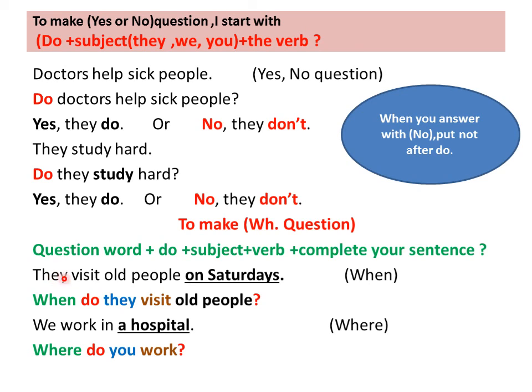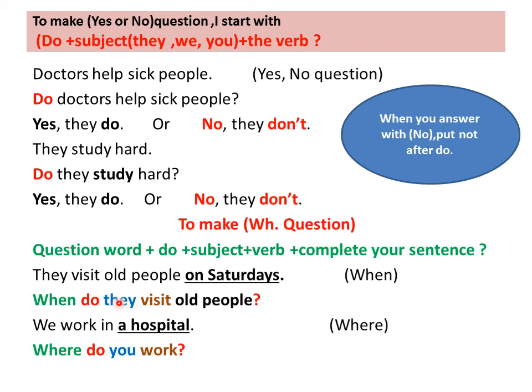Example, they visit old people on Saturdays. Every Saturday they visit old people. It's a routine here. So I want to make a question with when. When means time. So I will not repeat the part of time here. So when, then do. So when do. The subject is they.